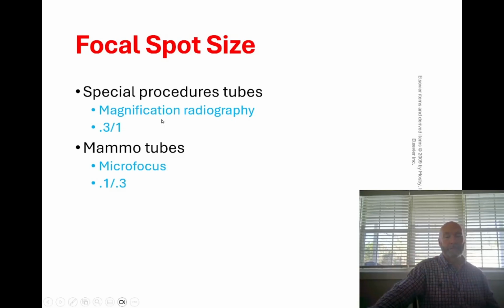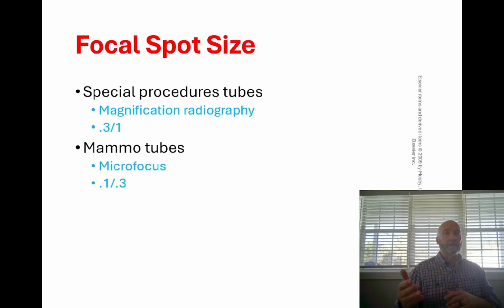Just backing up just real briefly, the second thing that I told you we weren't going to talk a whole lot about was macro radiography, and that's what that is. Intentional magnification, intentional increase in OID to use magnification as intentional magnification radiography.